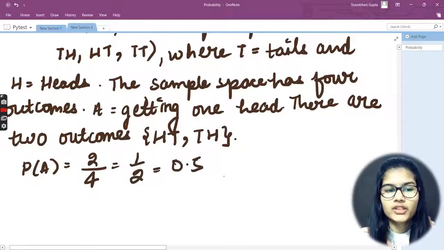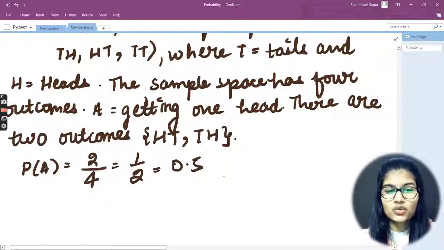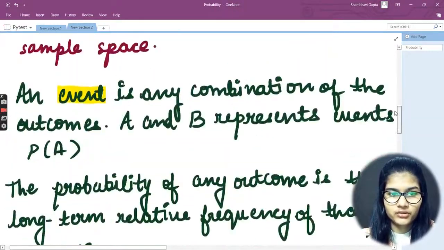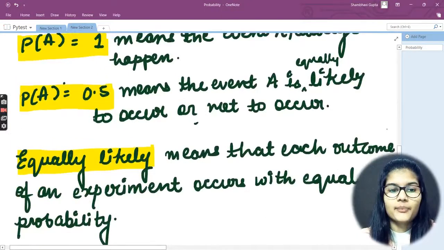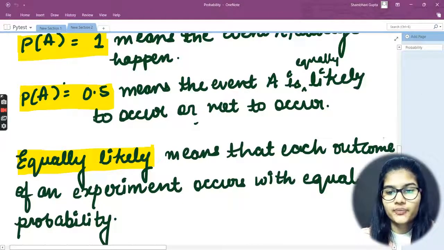And remember I told in my previous video that if the probability of A is equal to 0.5, it means the event A is equally likely to occur or not to occur.